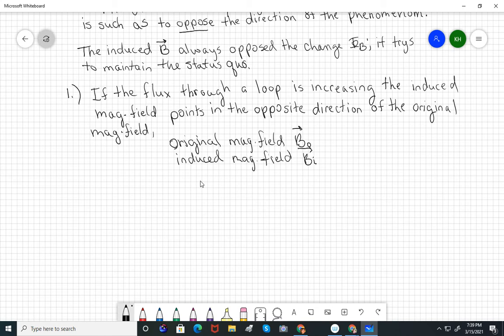So let's suppose I have a current loop. And I tell you that the original magnetic field points up and is increasing.